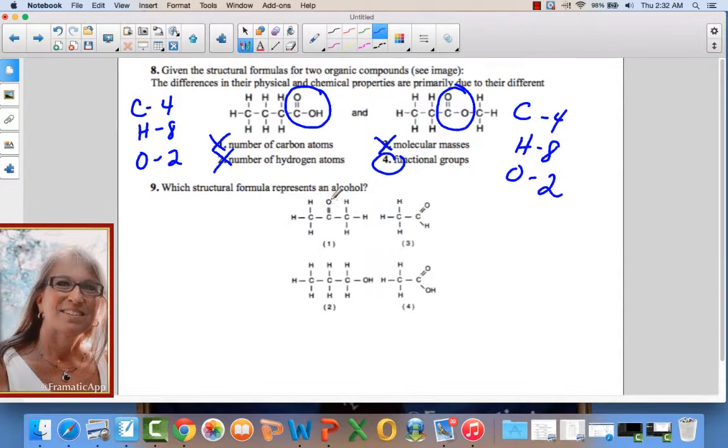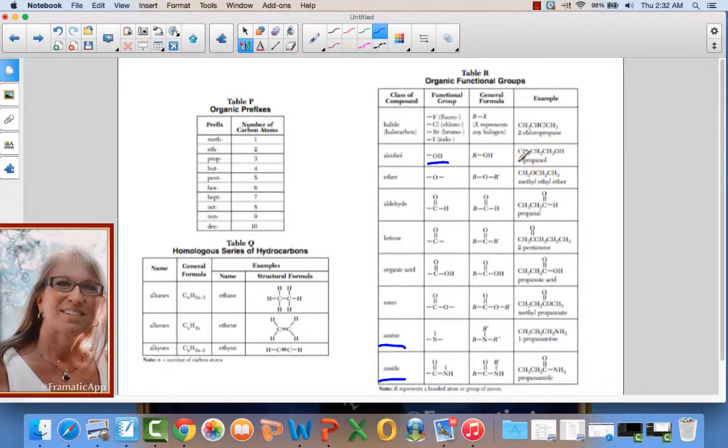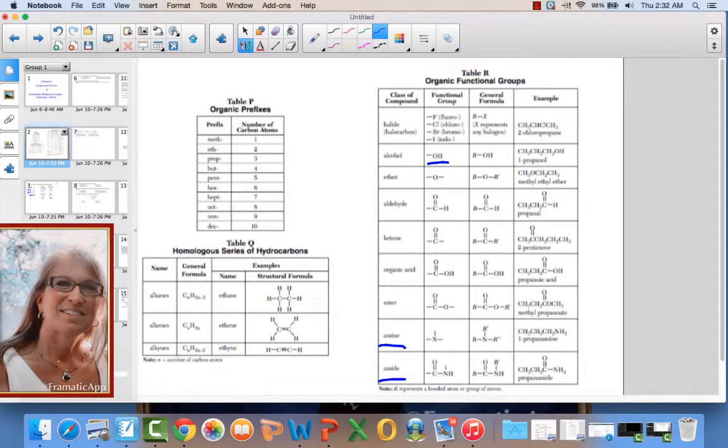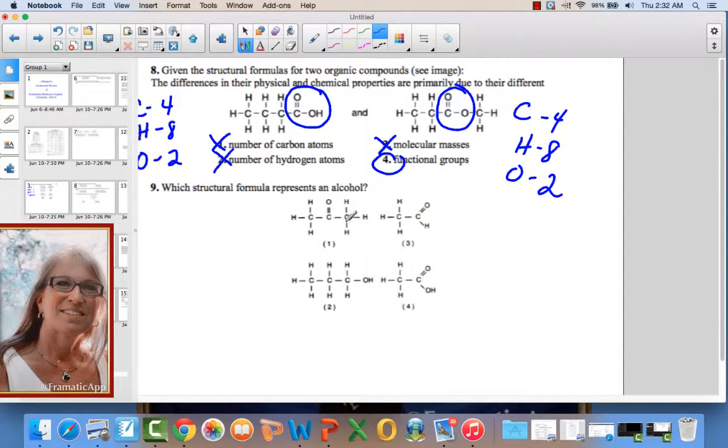Which structural formula represents an alcohol? So if I go to my reference table and I look up alcohol, I see that the functional group is OH, and it's usually on the end. Go back to my question. I'm looking for OH.